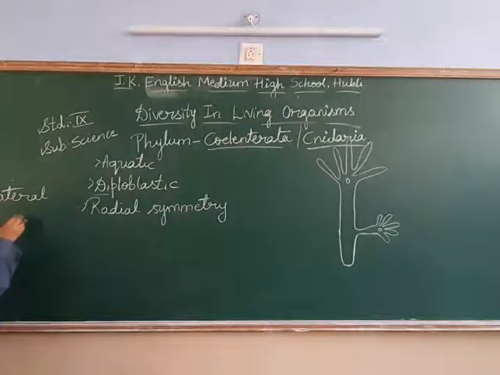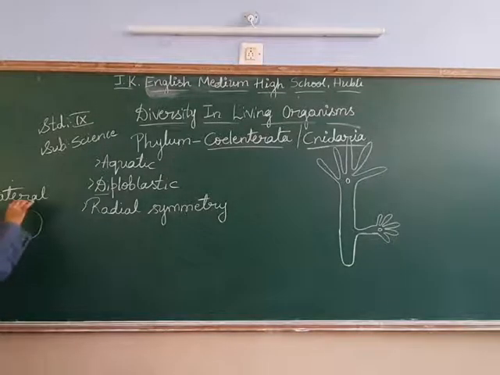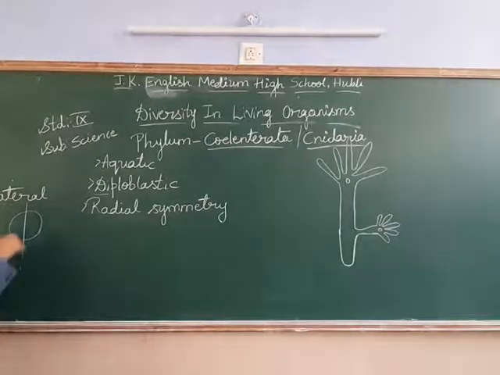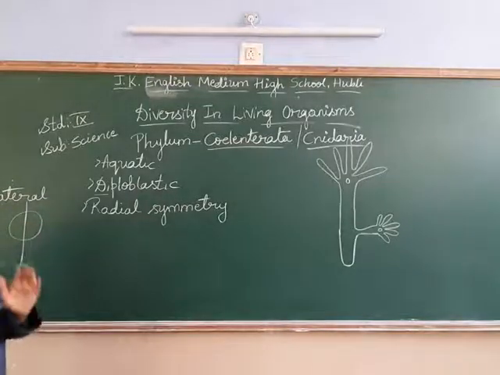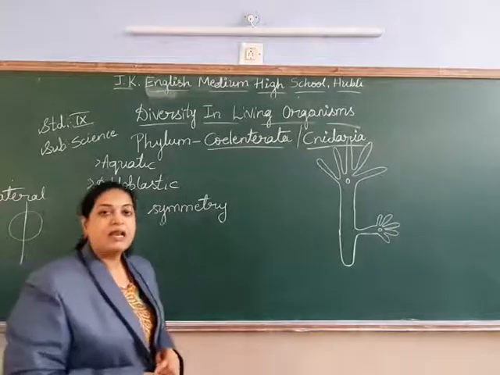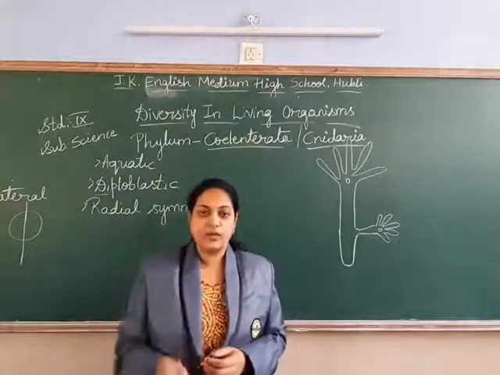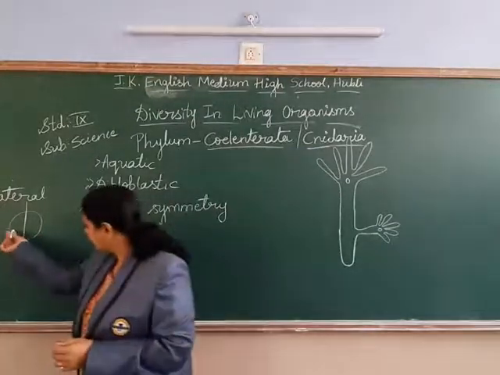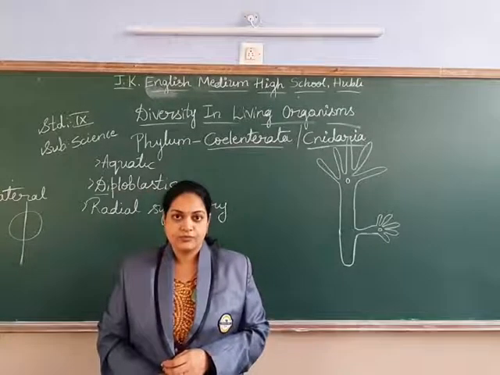See, for example, imagine this is one organism. If you cut it from one particular angle, you get 2 equal parts on both sides, like a mirror image. If it is like that, we call it bilateral symmetry.